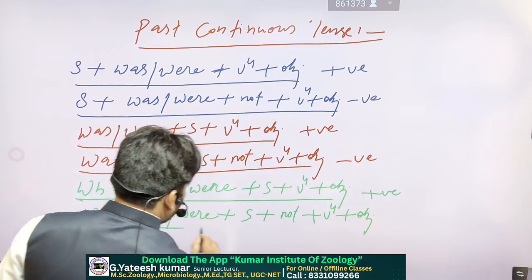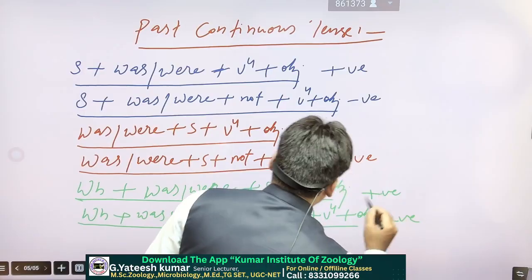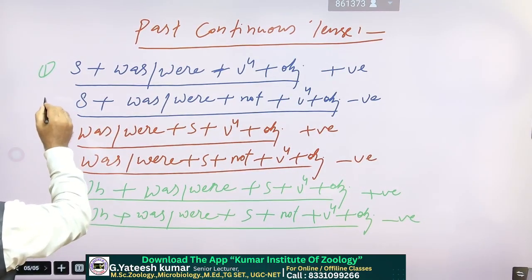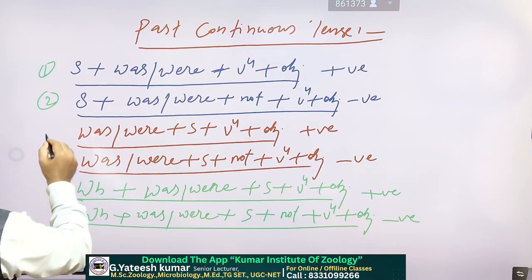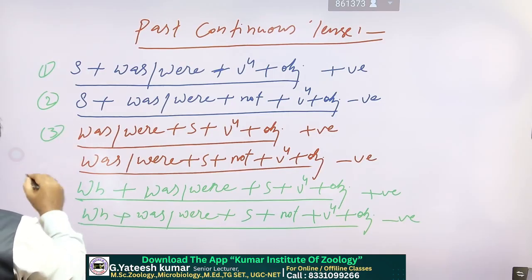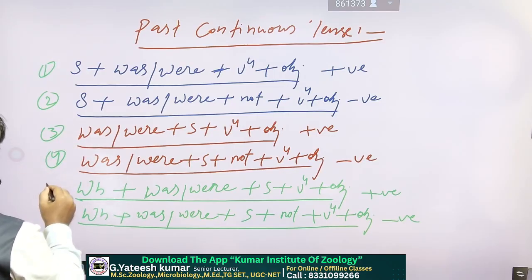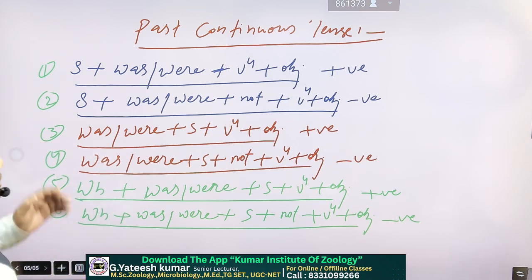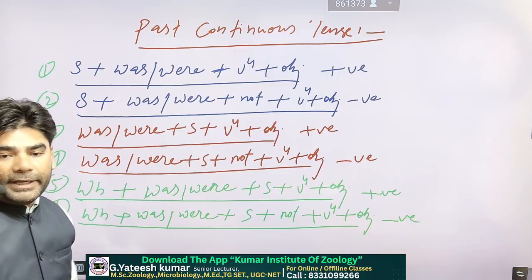So this is our WH questions negative. Again we have total 6 structure: affirmative positive, affirmative negative, yes no type questions positive, yes no type questions negative. WH questions means detailed type answer questions, positive and negative. So total 6 structure for each situation we have.